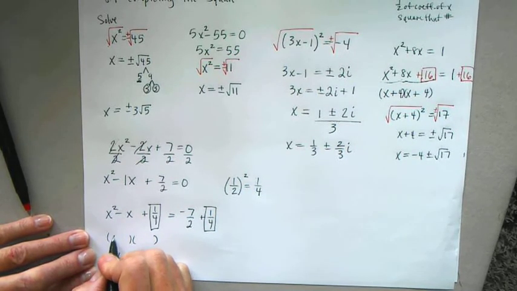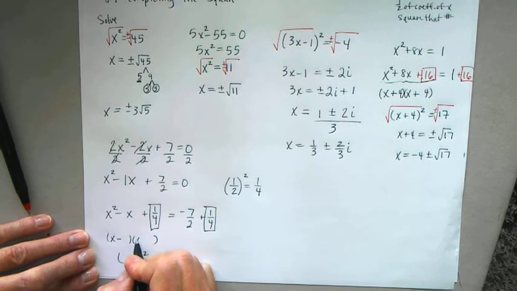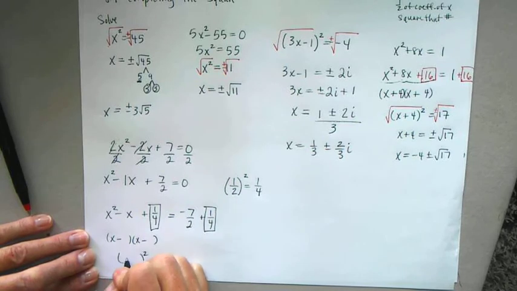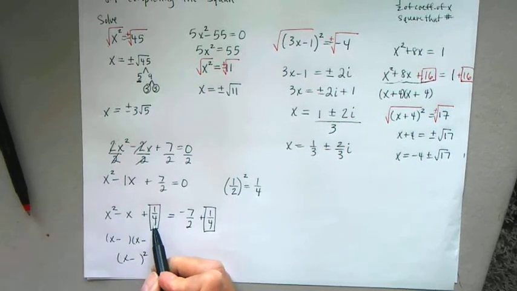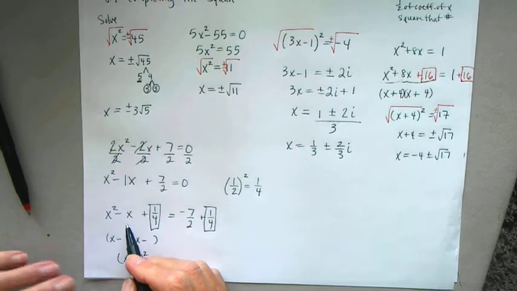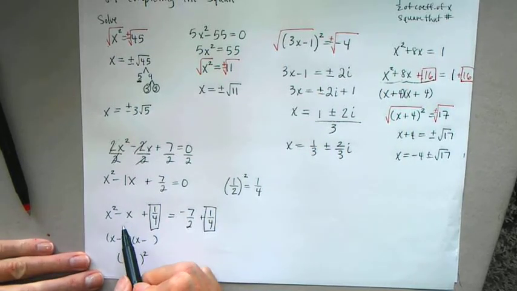Now I know that my signs are subtract, so I have x subtract and x subtract because of that, right? So what times what is 1/4 and adds up to -1? And it's a half. By the way, it's always the number before you squared it.